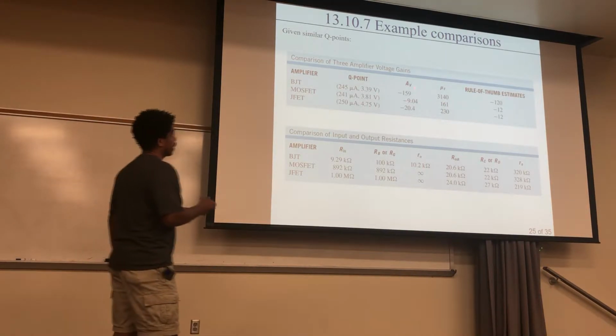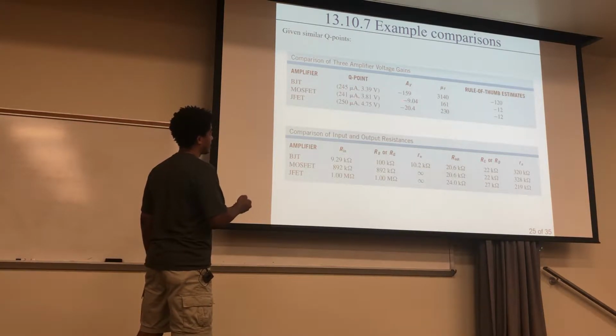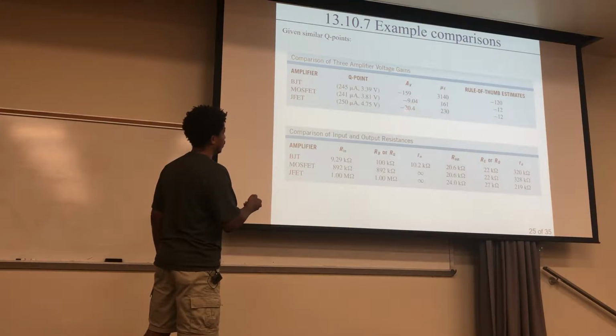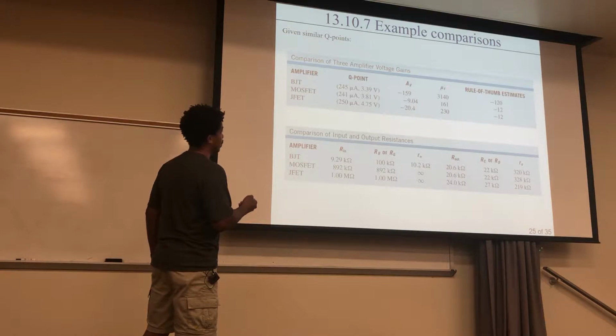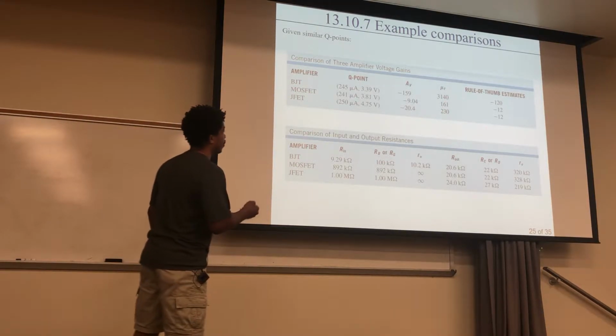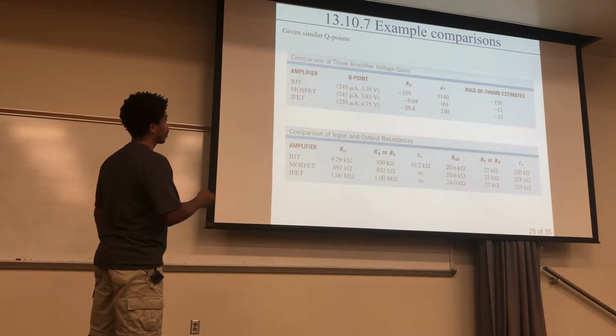But if you look at the overall amplification, the gains, you see that they're quite different. This is around 160, this is around 10, and that's 20, right? For the intrinsic voltage gain, this stays pretty much constant around 3,000, but these can be slightly different. And here are rule of thumb estimates for these values.